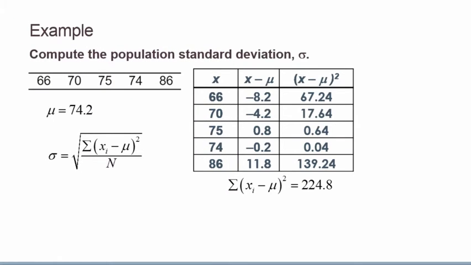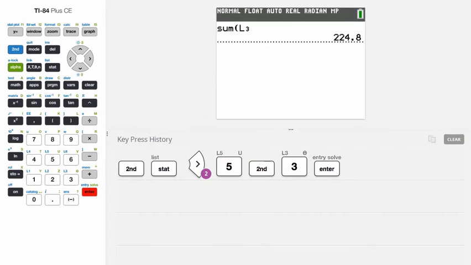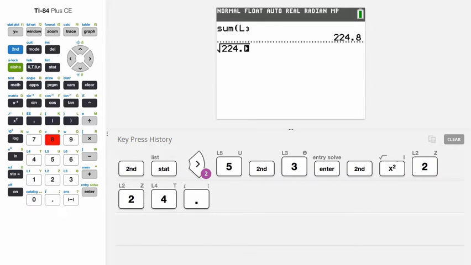The other thing that we need for our formula is n, which is 5. Substituting into our formula, we have the square root of 224.8 divided by 5. On our calculator, second, x squared gives us our square root, 224.8 divided by 5, because we are using the population standard deviation.